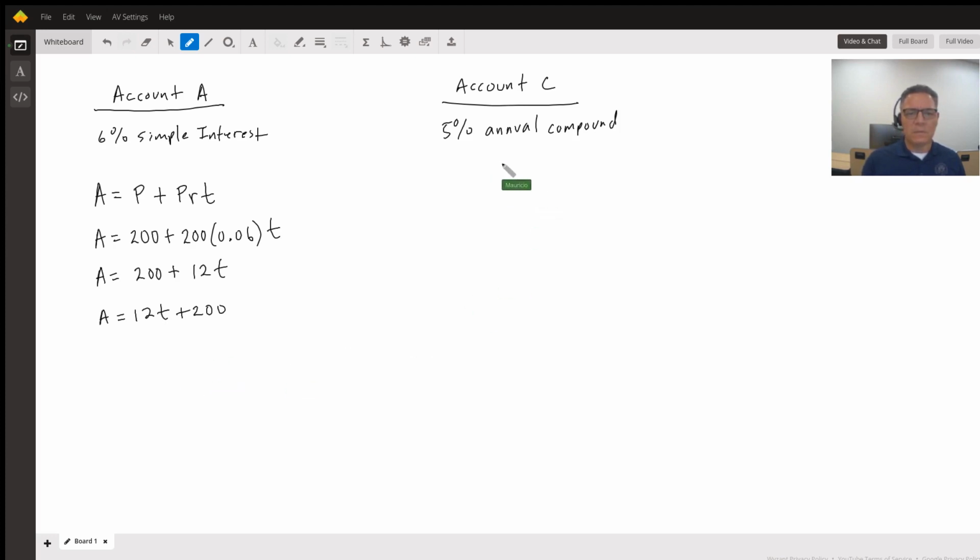Similarly, for account C, because we're dealing with annual compound, that means that the number of compounding periods is 1.